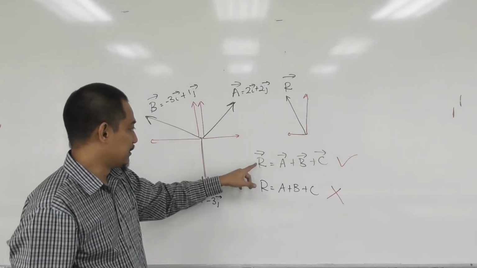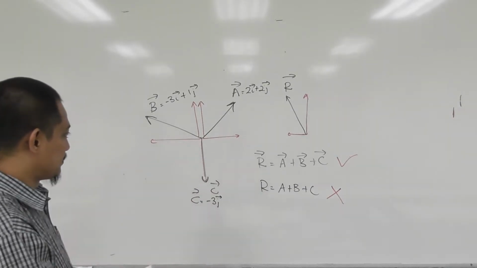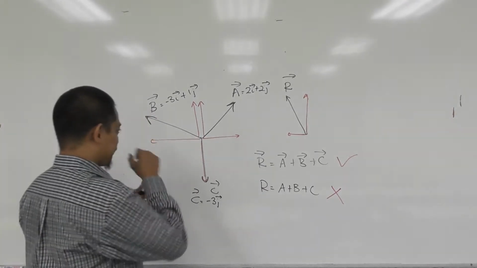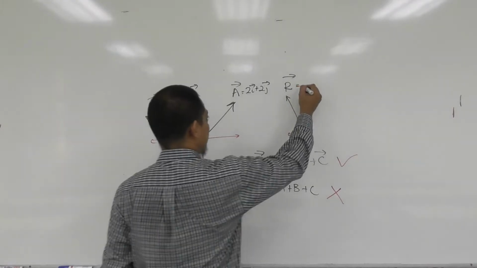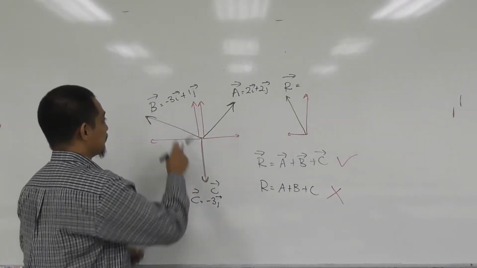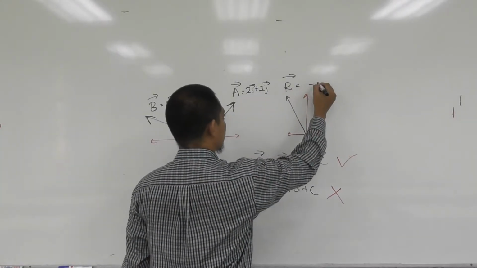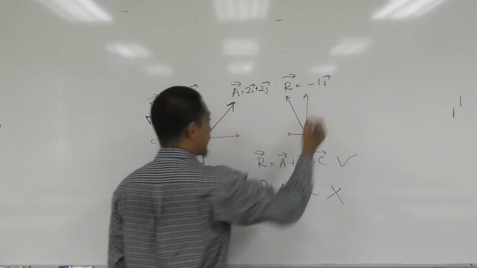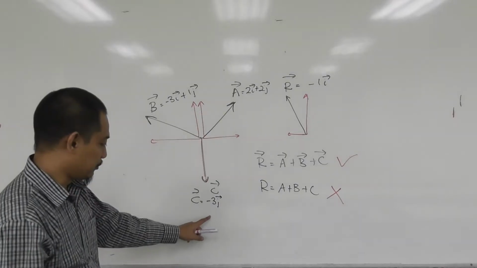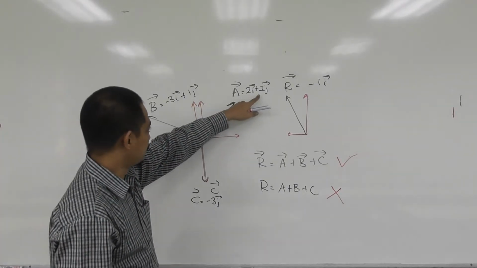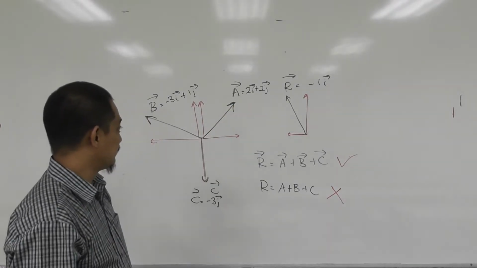But in terms of our calculation, R here is you add all the x components, right? So in this case, minus 3i plus 2i becomes minus 1i. For j, 1 plus 2 becomes 3, minus 3.